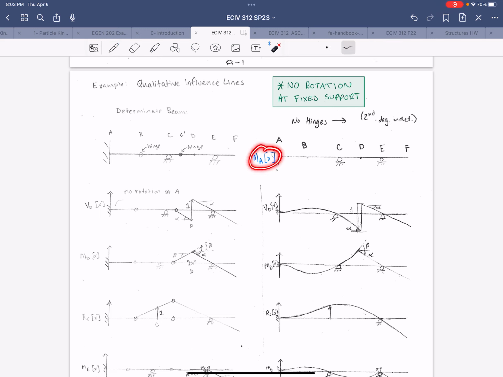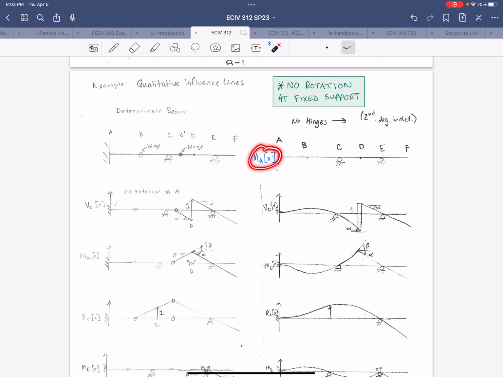The positive direction would be clockwise on the right side of the support, which is where the beam is. So that would force this beam into that shape, meeting those support conditions at C and E and also at A, so it can't deflect vertically at A. So that's the only exception.